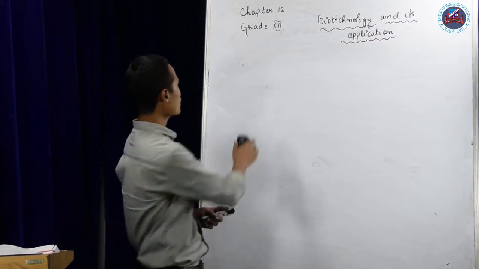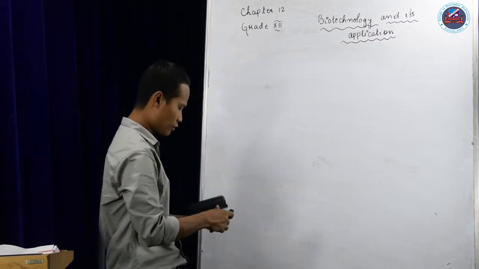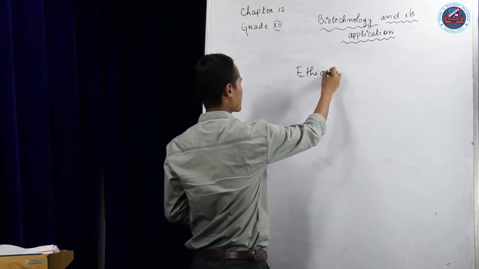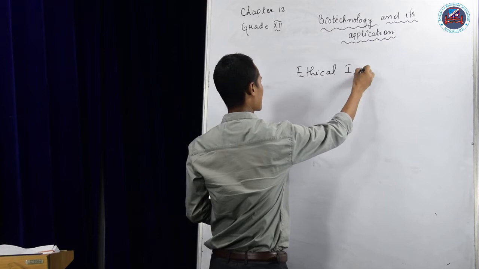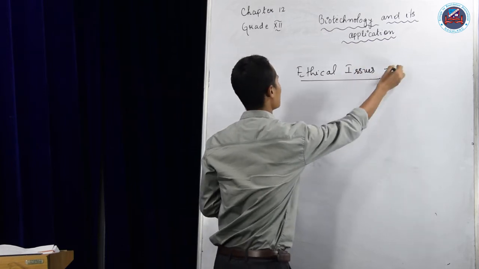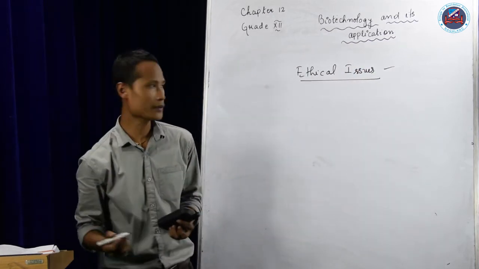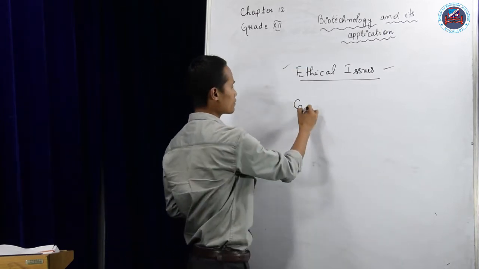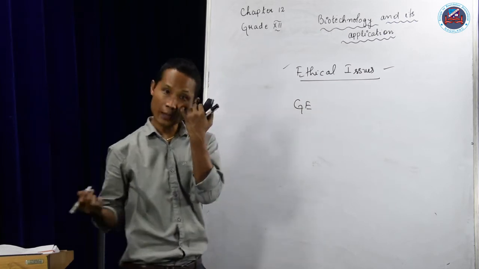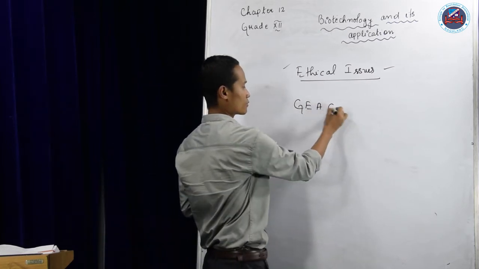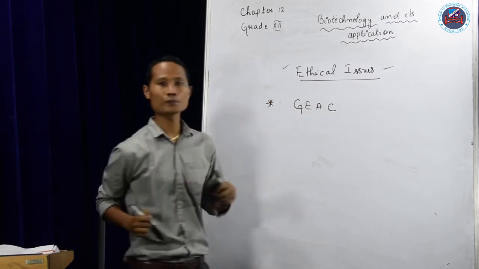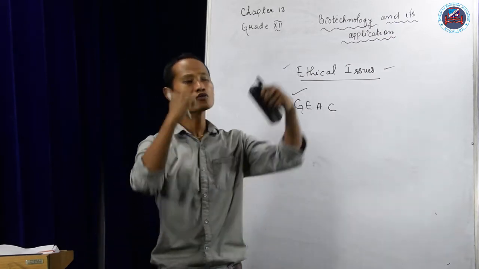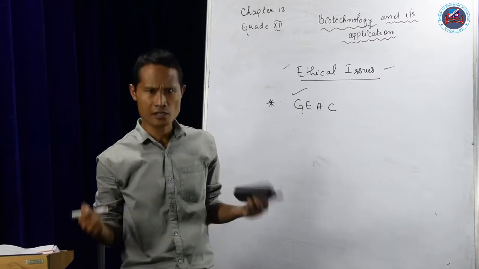Okay, so ethical issues. So now the government of India has the GEAC, the Genetically Engineered Approval Committee. This is very important. Okay, so we need an approval for doing any genetic modification research.